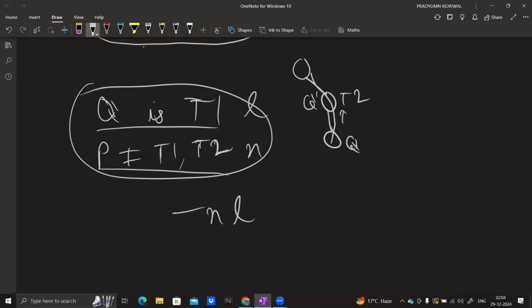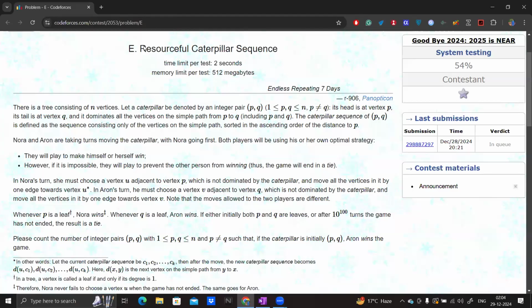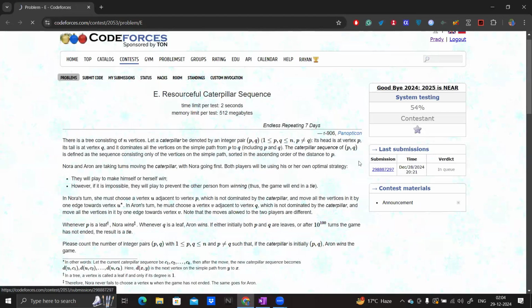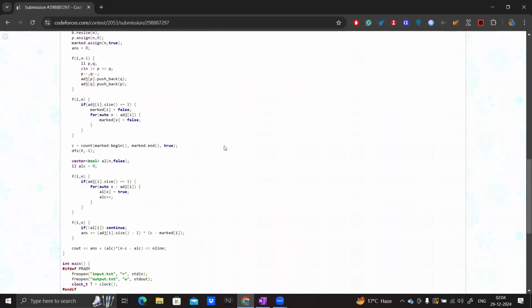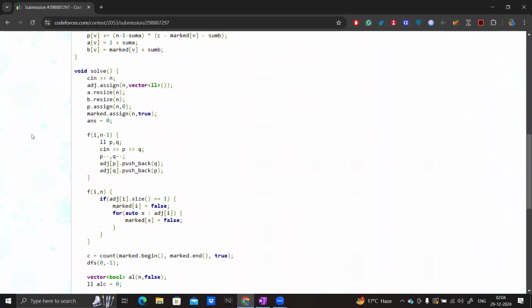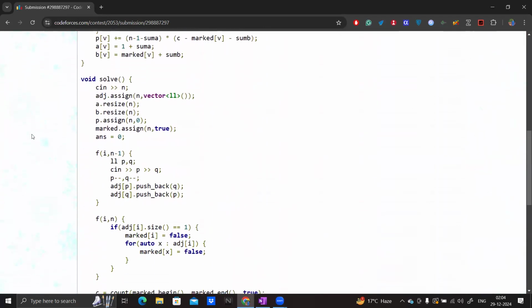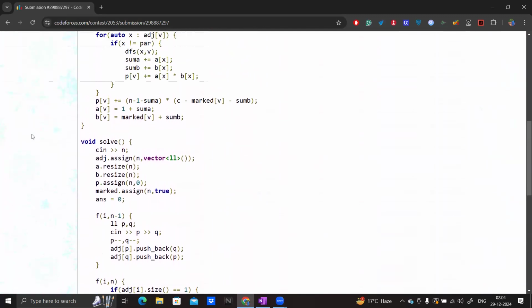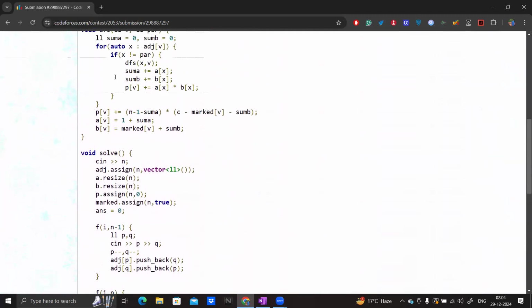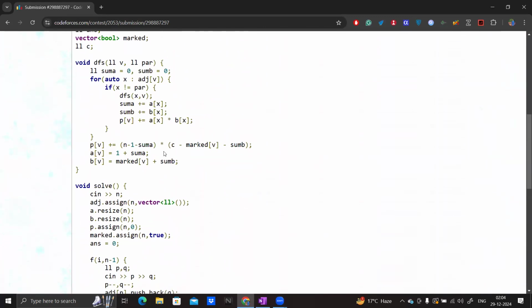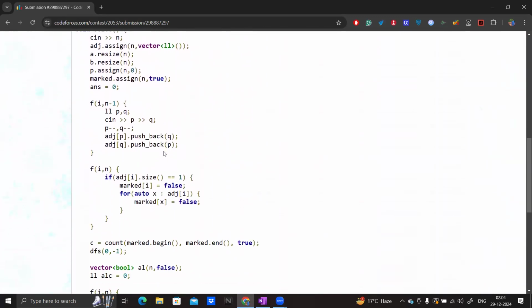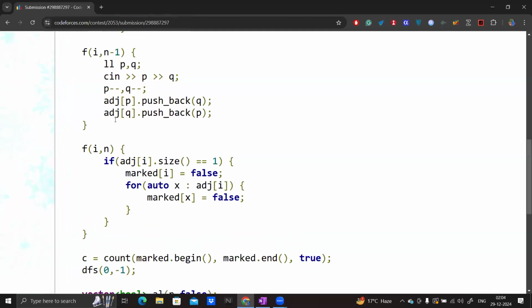So I'll just show you the code. Actually I had done something else earlier, so this is not required, but my code still contains it. So I'll just remove this from my code and will send the new submission link. But right now I'll just explain using this code.